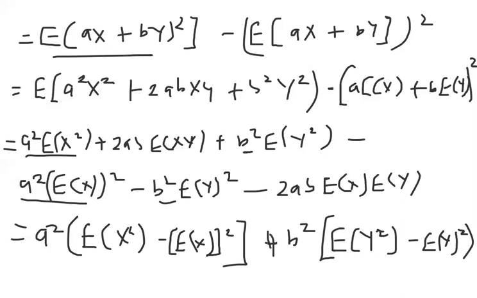Now the third term that we are going to look at is ab. So you have 2ab expectation of XY. That part is also going to give you plus 2ab, sorry, grouping terms, the 2ab should be out.